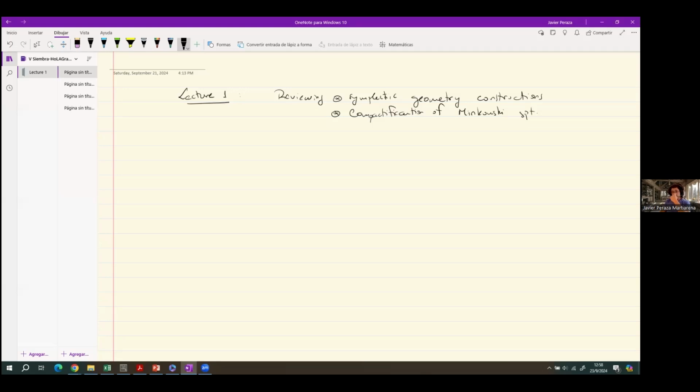The idea here, again, is very basic, but to discuss in the context of how we approach null infinity as the Cauchy surfaces go with t going to infinity. And then we are going to discuss the symplectic geometry for Yang-Mills and gravity at null infinity, Scribe Plus. Okay, this is lecture 1.